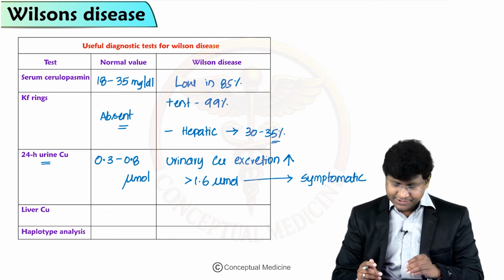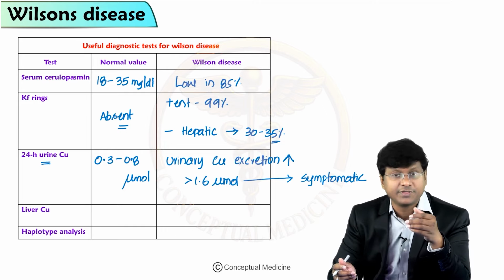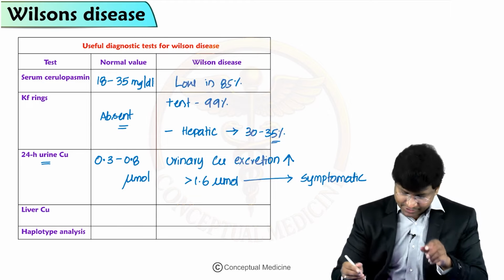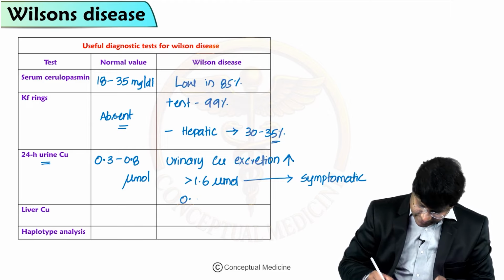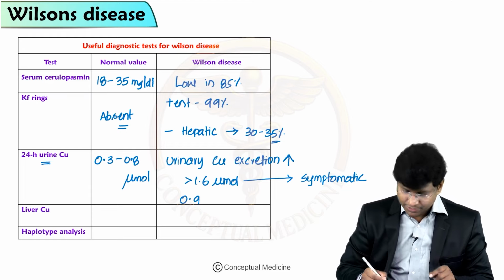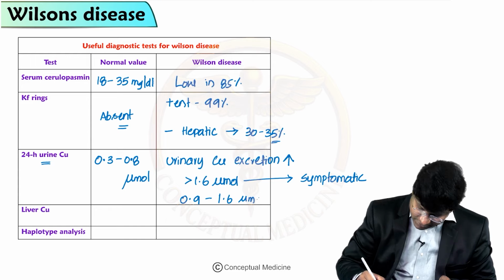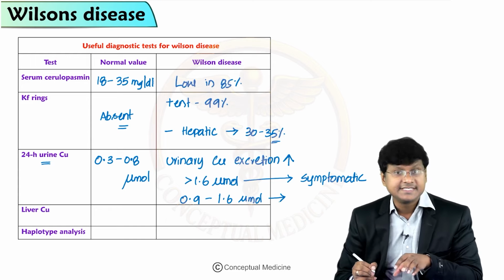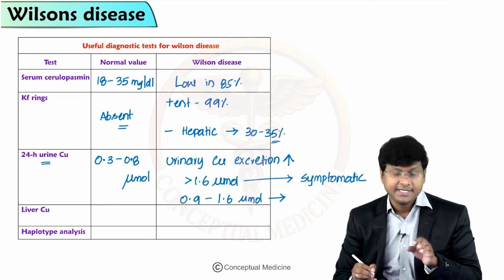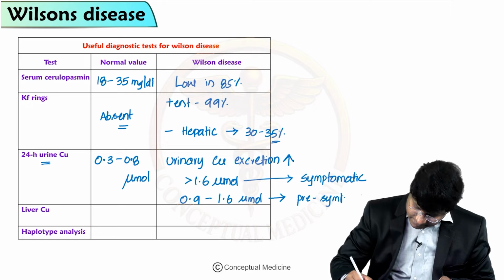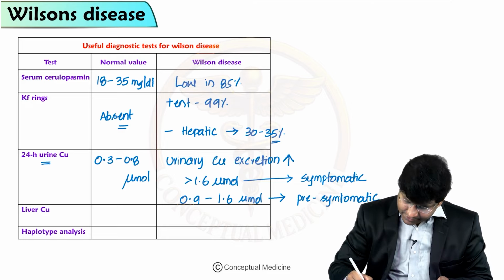But in pre-symptomatic patients, the urinary copper which will be excreted is 0.9 to 1.6 micromoles. This is the quantity which is being excreted in pre-symptomatic patients. Okay.